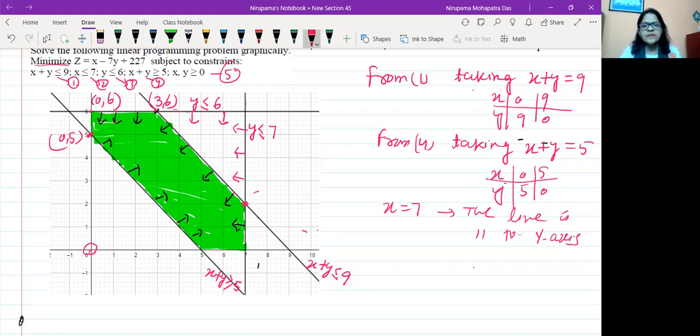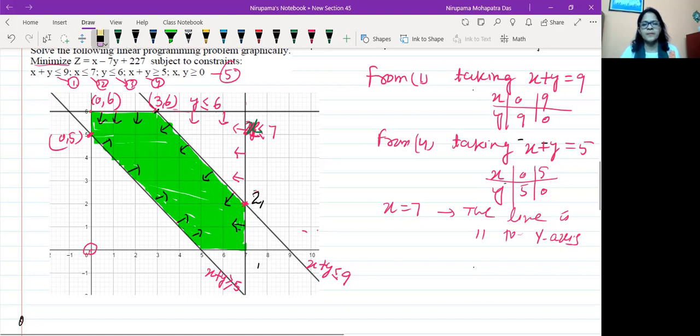Let me change it. This is y 6, x 3. If y is 7, x is 2. Here x is 7, and you can see that from the graph also.